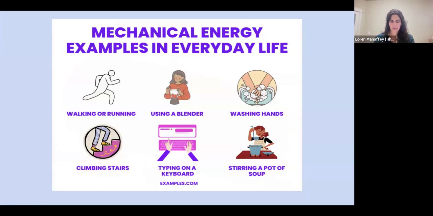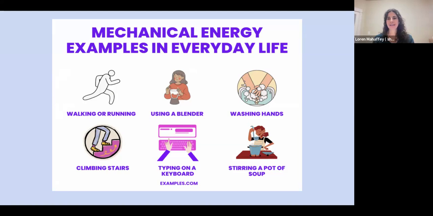This is a funny little diagram talking about mechanical energy examples in everyday life. Anything we do, from using a blender, typing on a keyboard, running, walking, blinking our eyes, those are all forms of mechanical energy.